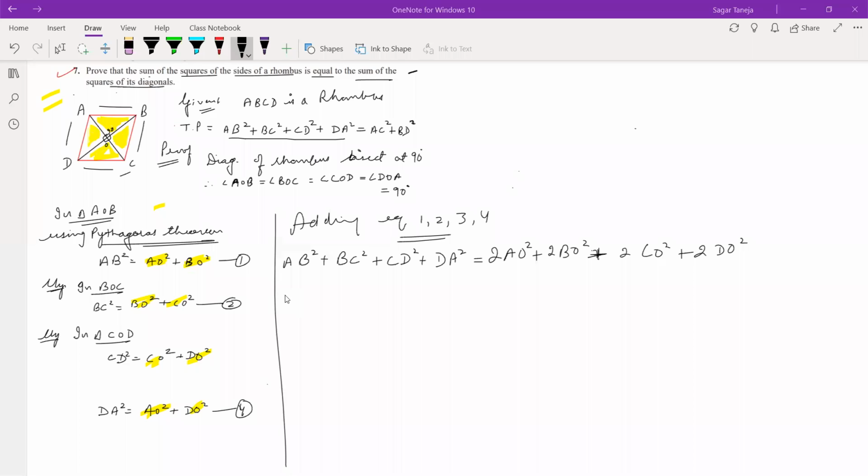Writing here AB square plus BC square. As the left side is all correct and we need it in our proving, we'll not change it now. LHS is already proved. Now we have to prove only RHS.